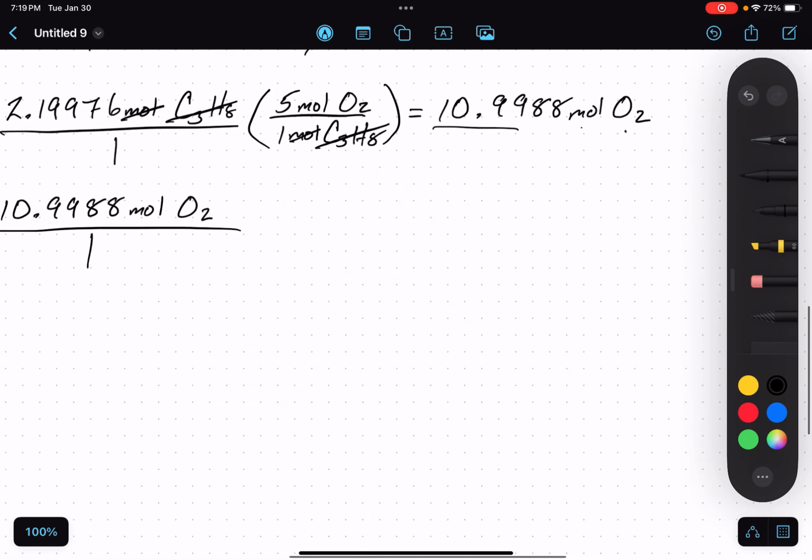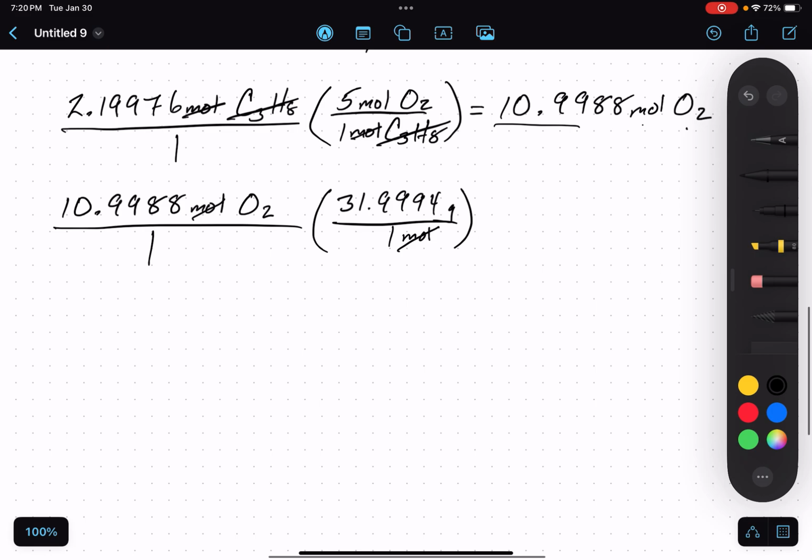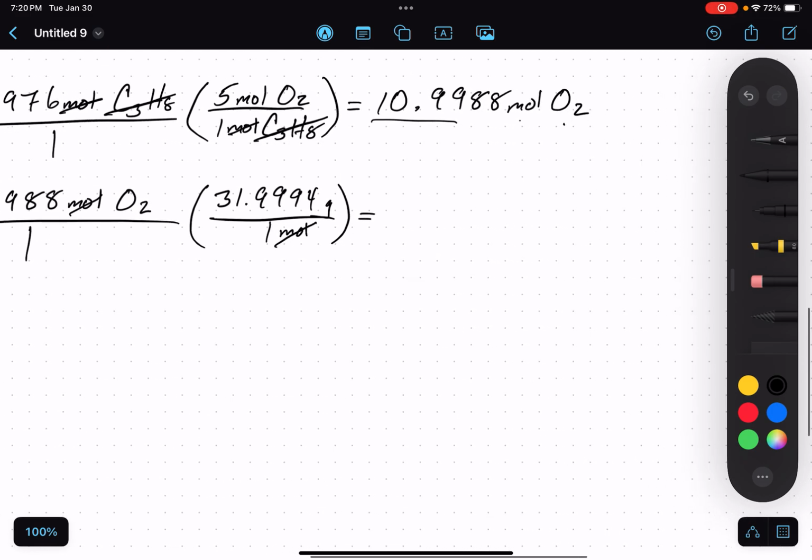So I need to use the formula weight, and the formula weight for oxygen is 31.9988, depending upon which source you look at. I have 31.9988 grams for every 1 mole of it. That way, moles will cancel out. And when I do that, I end up getting a mass of 351.955 grams of O2.